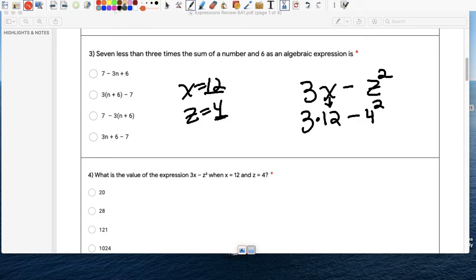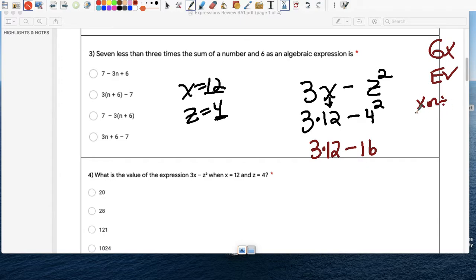Watch your order, guys, right? So let's do it in order. So first we do grouping, the parentheses, but there are no parentheses, so nothing. Exponents, yeah, there's an exponent here, so let's take care of that. So 3 times 12 stays. Minus, and 4 to the second power is 4 times 4, which is 16. Done. Is there multiplication or division?